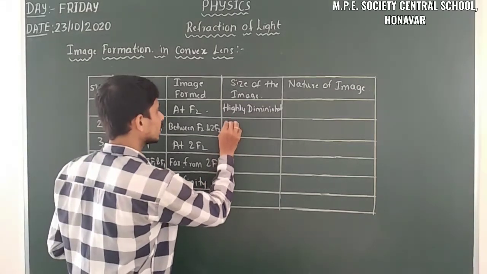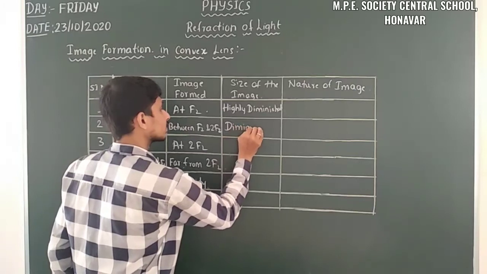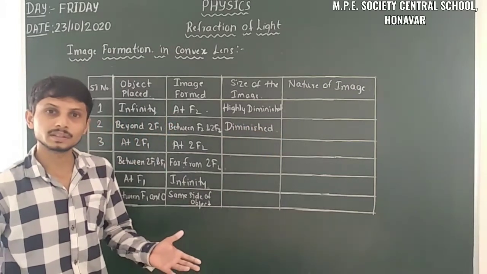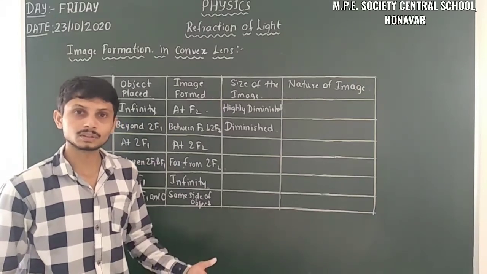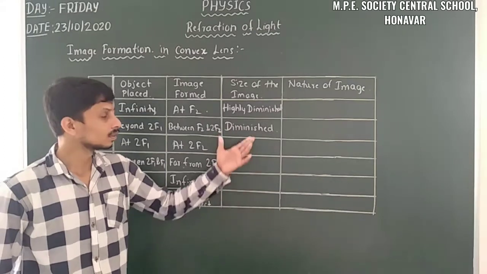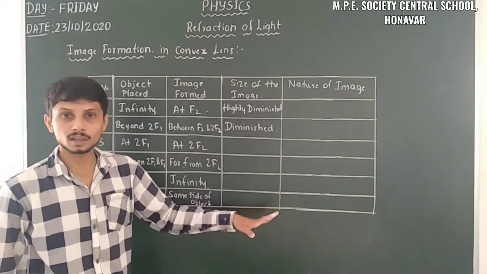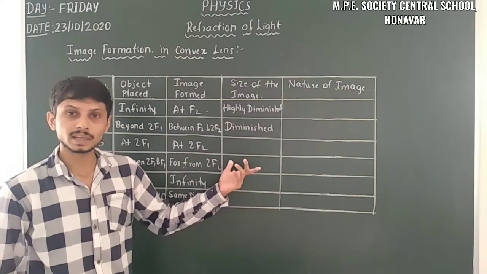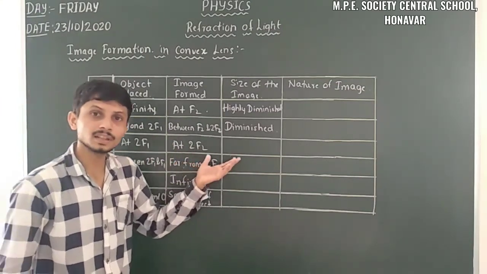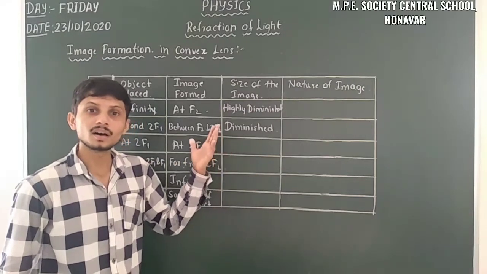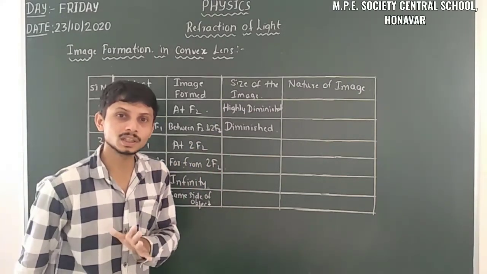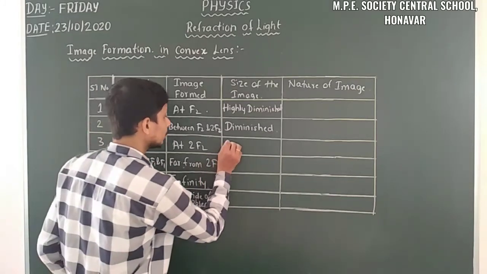Likewise here we take diminished, but when we compare to the object, it is smaller: the size of the object is greater, the size of the image is smaller. Then at 2f2, the size of the image is the same as the size of the object.